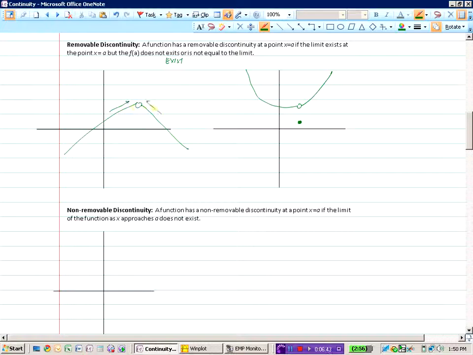When we approach from the left and approach from the right, the limit clearly exists there. But f of a does not exist. So if we called that a, there's no y value at a. And in the second example, the limit exists, but it's not equal to the y value at that point.